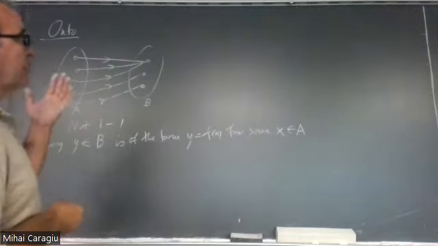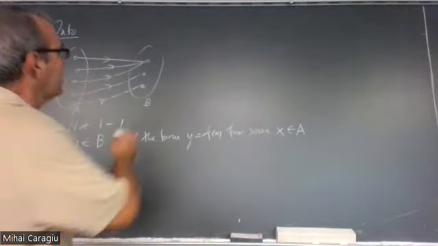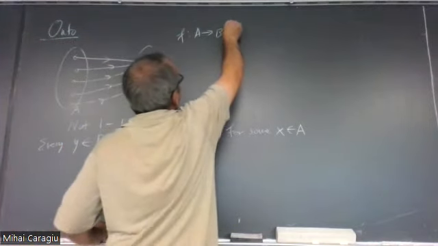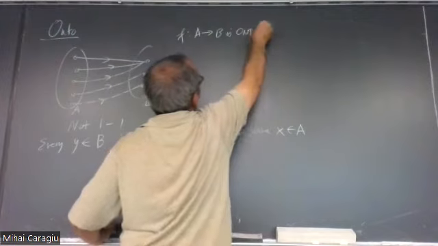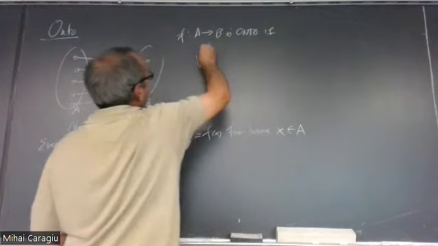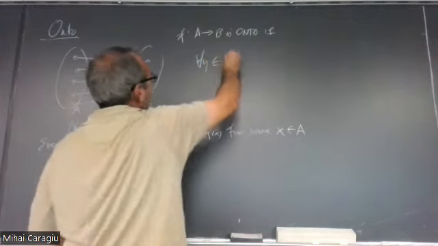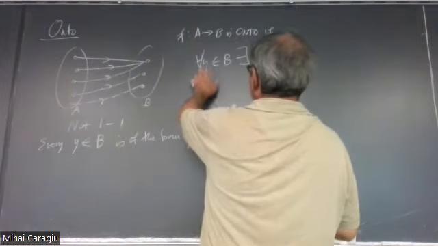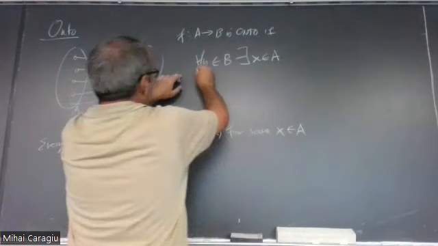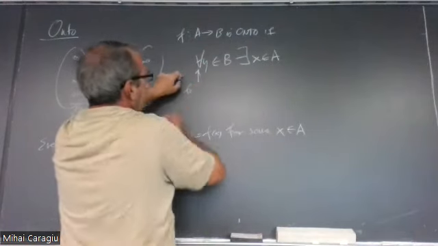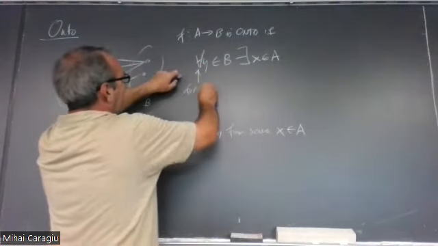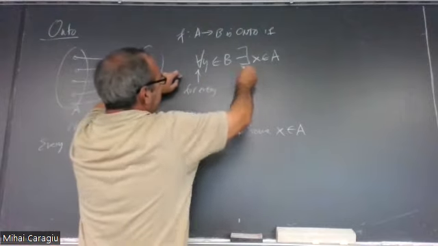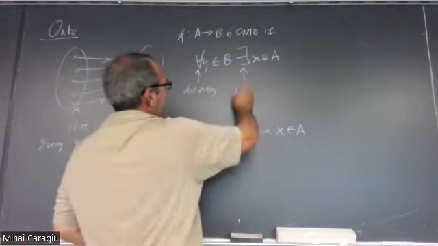So based on this idea, let's put a formal definition. f from A to B is onto if for every y in B, in the codomain, there exists an x in A. This sign is the universal quantifier, for every.